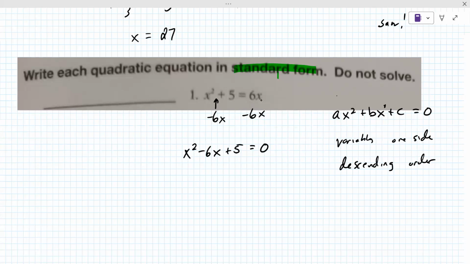And that's it. It says do not solve. Just write it.